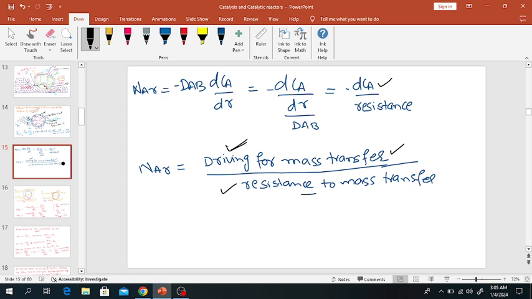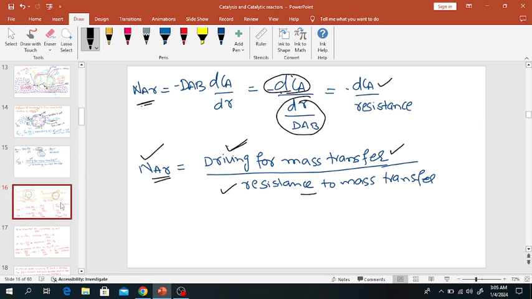So we can write this equation in this form: this is the driving force, and this is the resistance to the mass transfer, and it is nothing but the molar flux of A in the r direction.